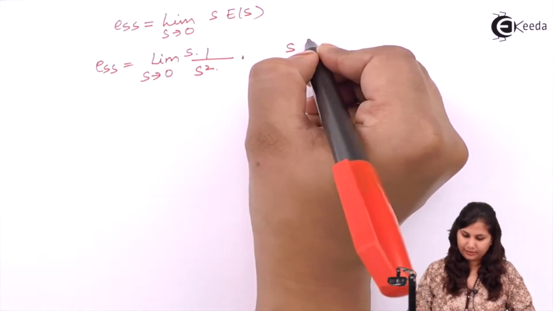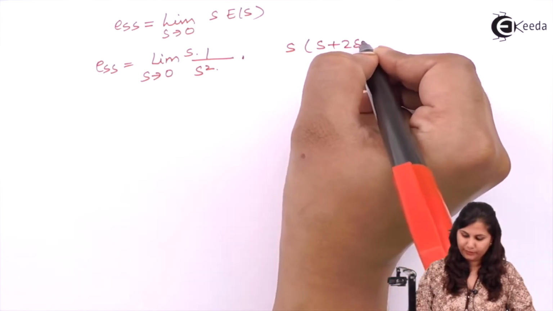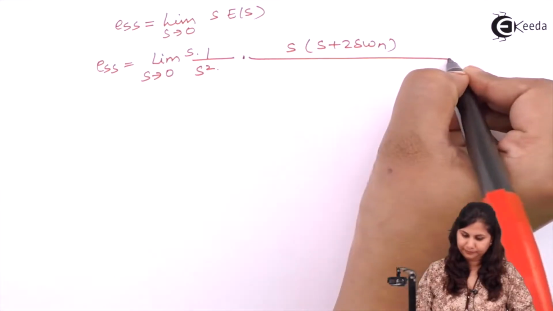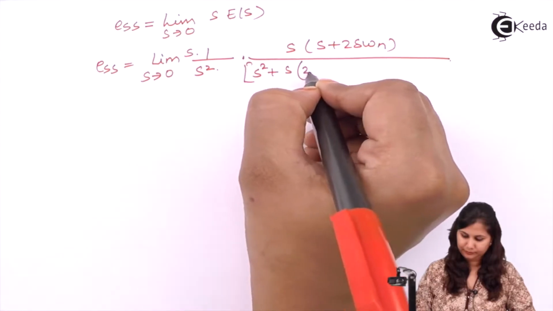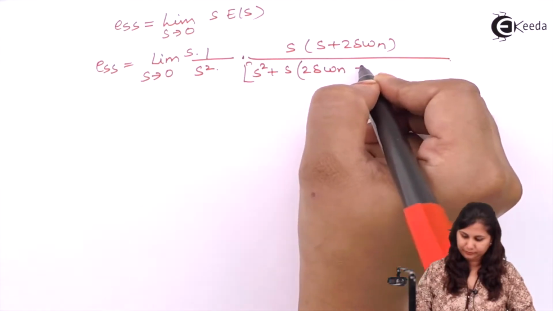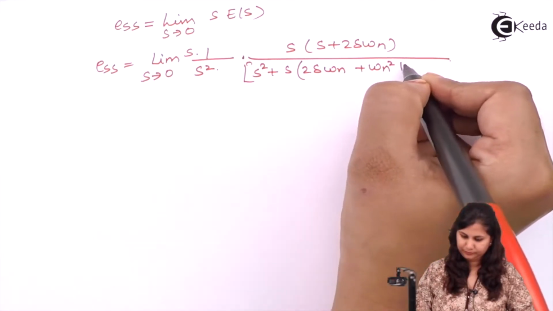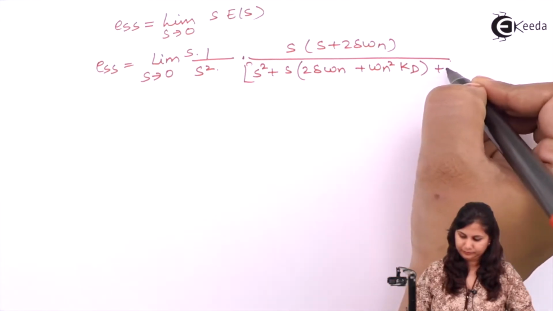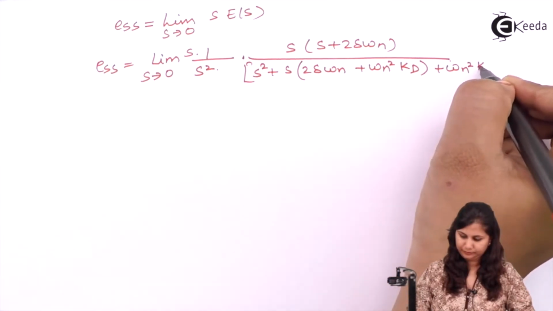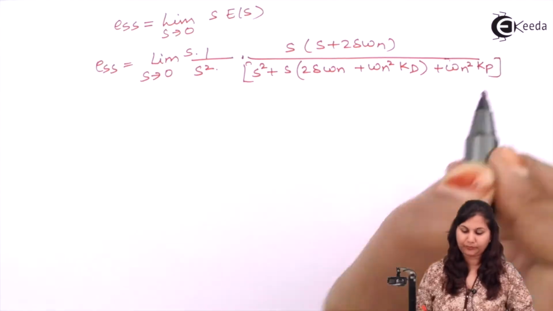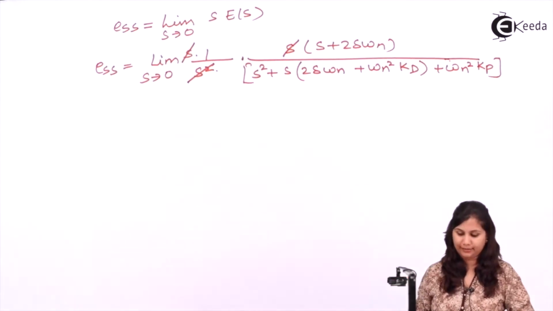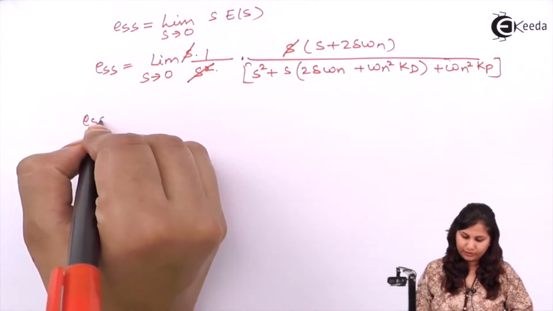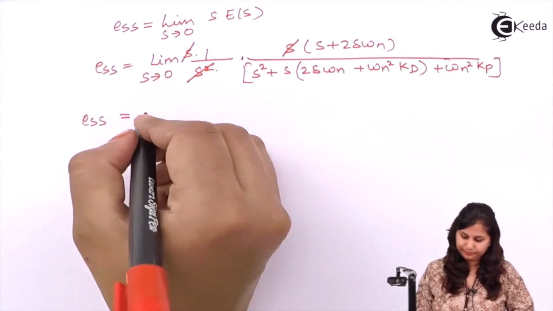Then s plus 2 delta omega n. Now this s square and s are cancelled out, so we are left with this term.